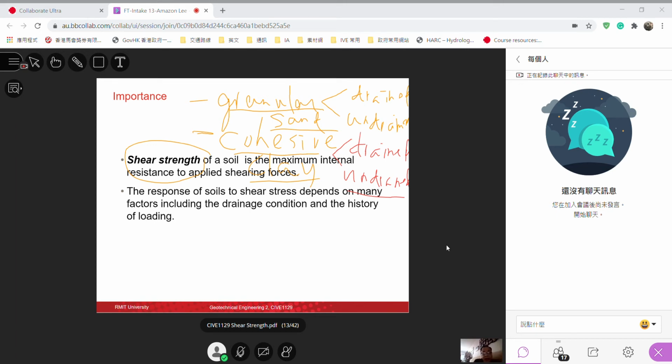Or undrained. That means the permeability of the soil is very low, so water is difficult to escape from the soil particles during shearing. The pore water is still staying in the pore, not able to dissipate away from the potential failure plane.